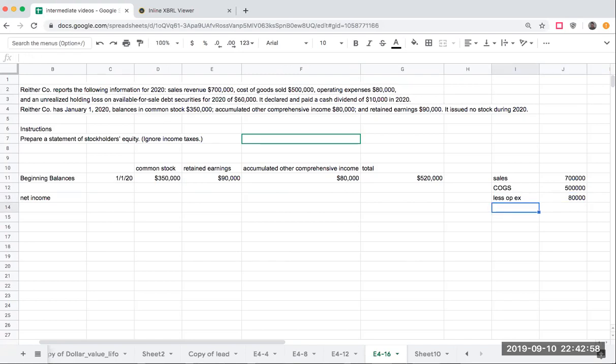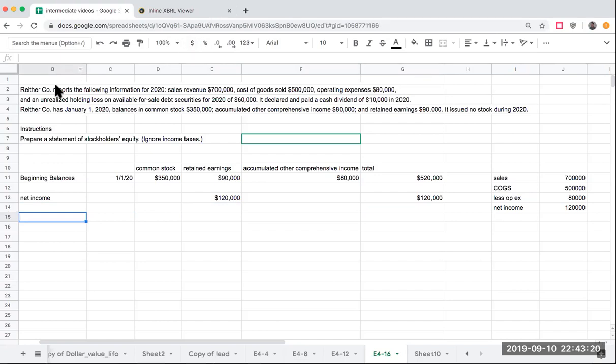So my net income is 700 minus 500 minus 80, or $120,000. This net income goes over here into my retained earnings, giving me a total of 120.